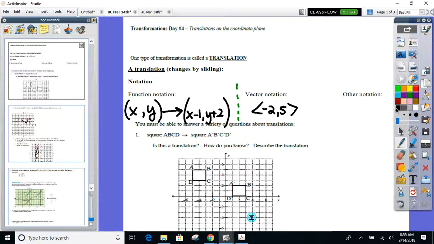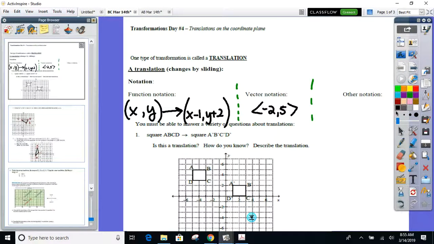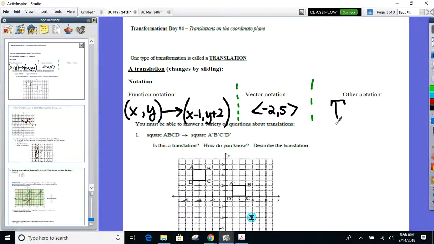Then you have other notation, which doesn't have a name, so we just call it other notation. This uses a letter for translation: uppercase T. And yes, that's how I roll with the fangs. I don't care if you do it or not. And then as the subscript, it will have where you're going to move.